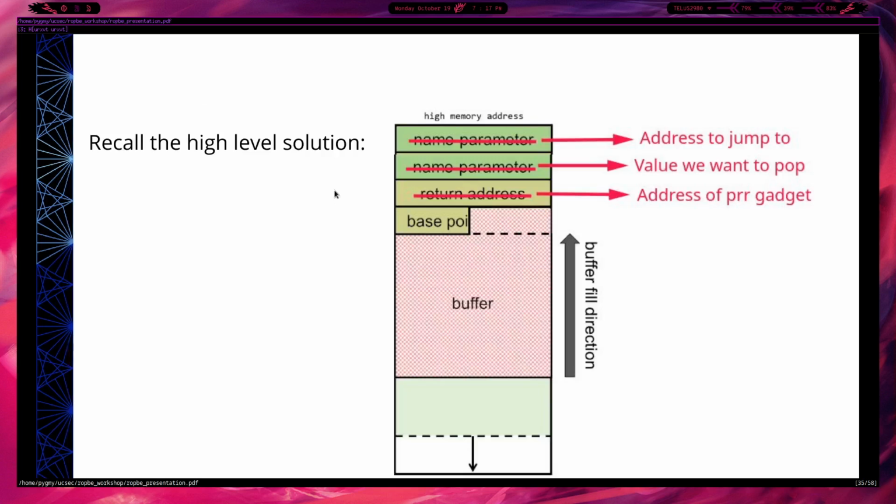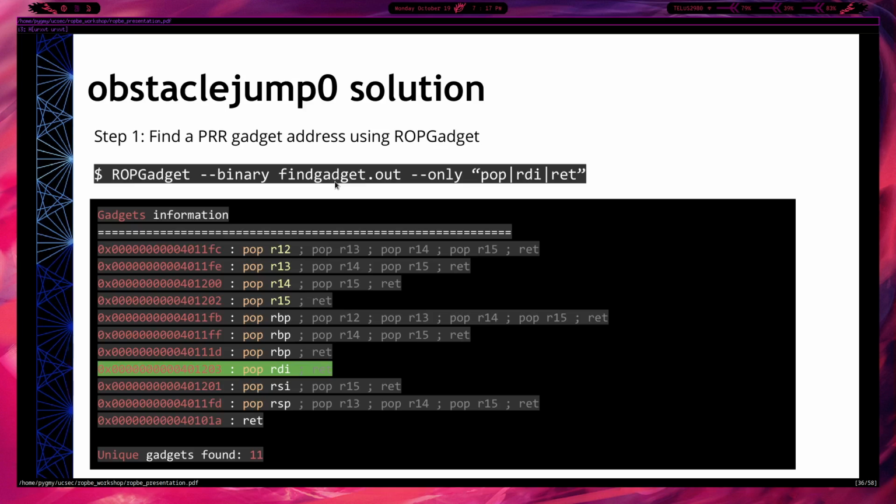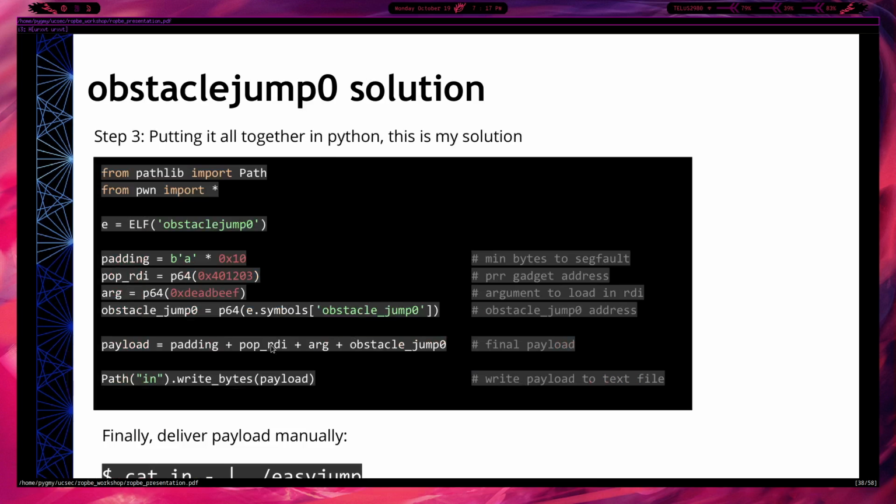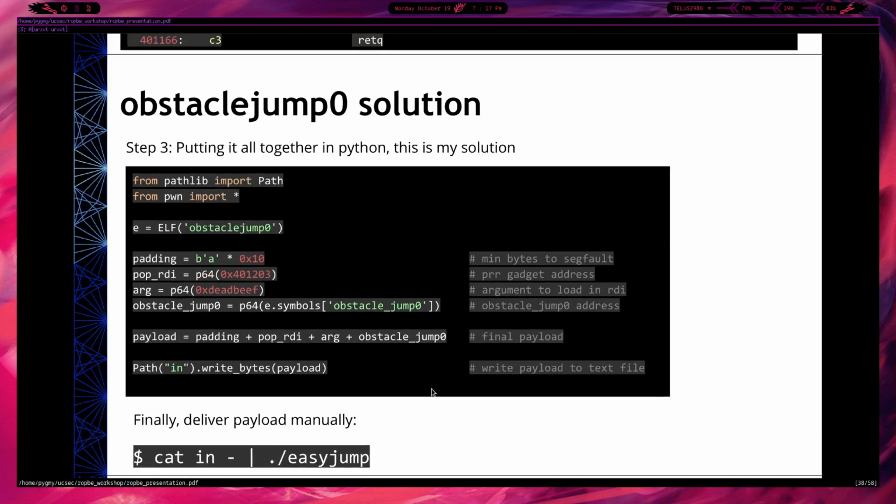This is just the solution we just went over. We use ROPgadget, then a decompiler to find 0xdeadbeef, and then put it all together into the solution.